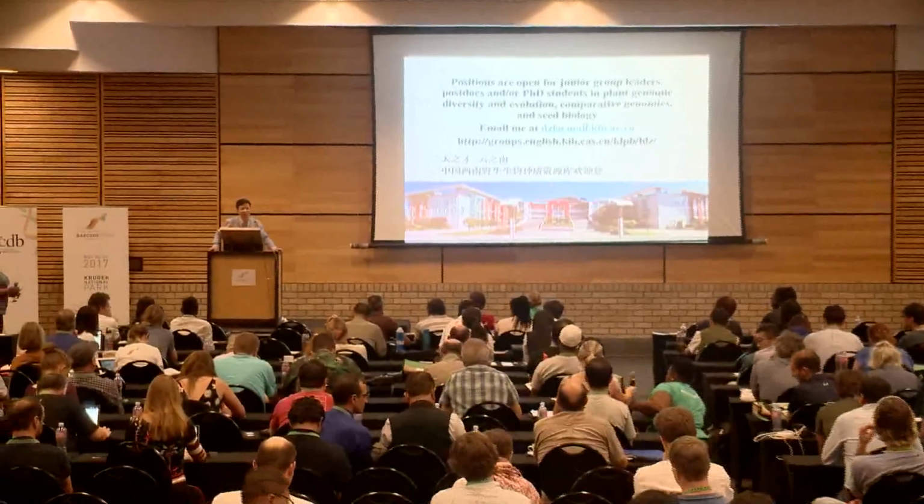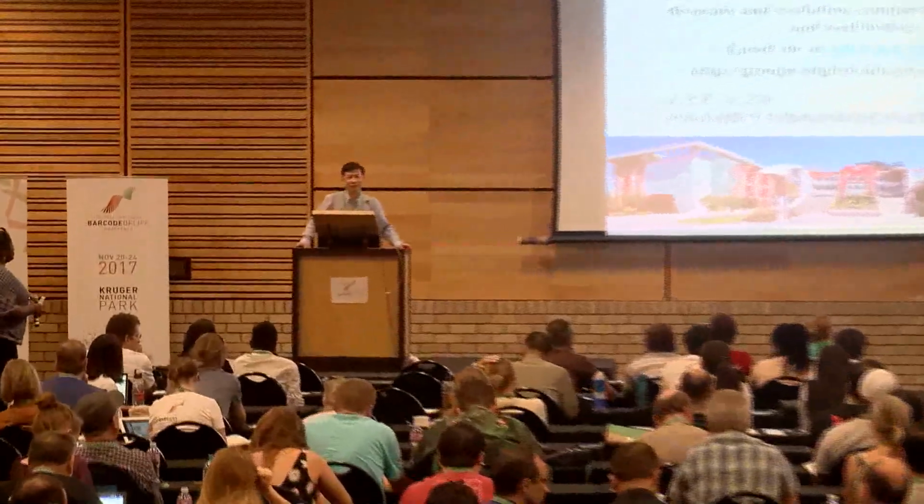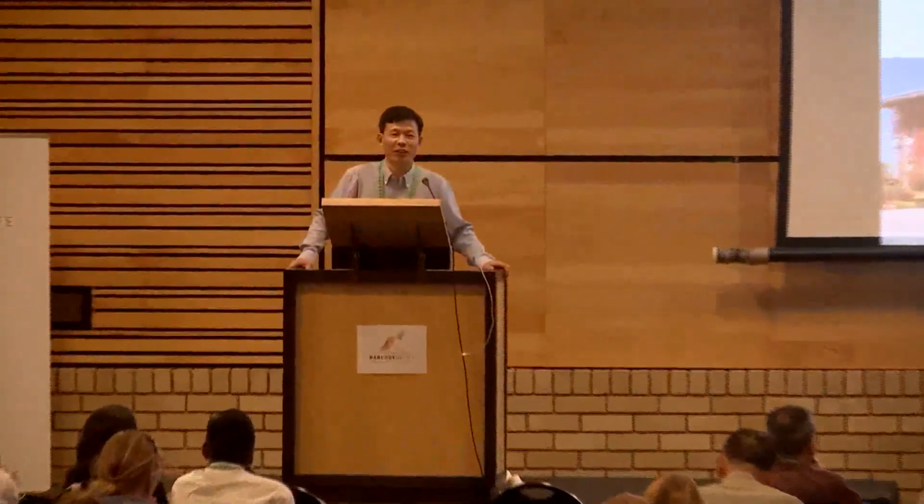Thank you for the comments. Actually, we were lucky because we have a large team, from collection to lab work to data analysis. But really, this is a joint effort from many groups of botanical organizations in China.